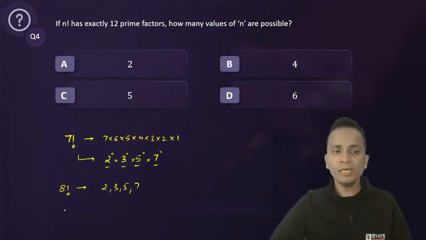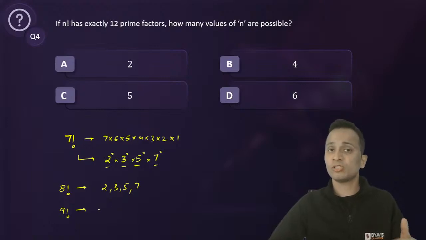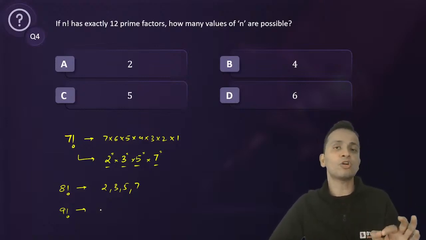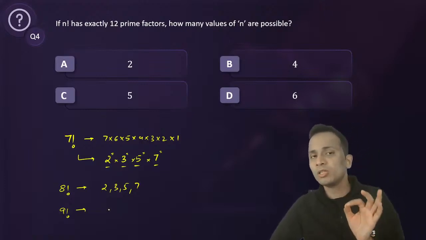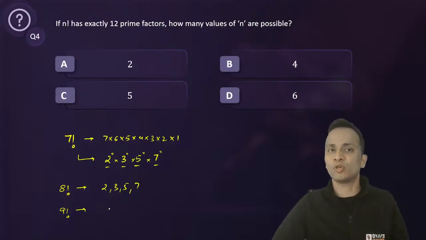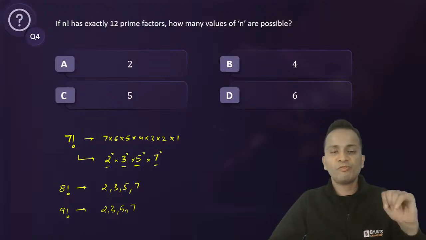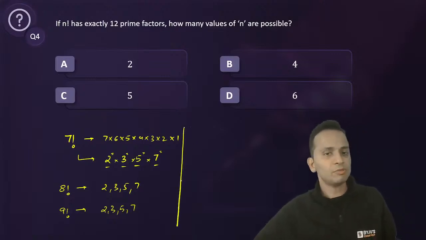Okay? Similarly 9 factorial. How many prime factors will 9 factorial have? Again the same, because 9 is not a prime number. So if I do the prime factorization of 9 factorial, it will have all the prime numbers up till 9 in its product. So again, up till 9, the prime factors are the same. So 9 factorial will also have 4 prime factors. Okay. Fine. Understood?